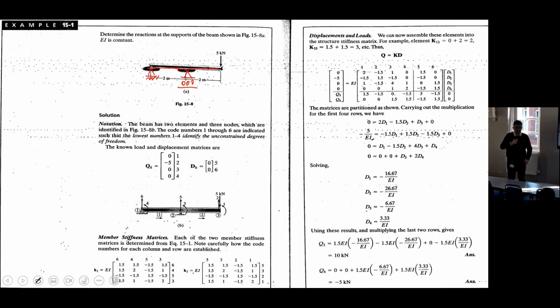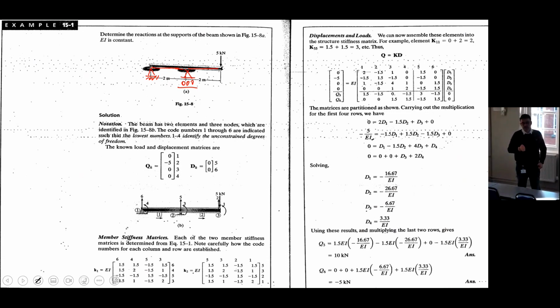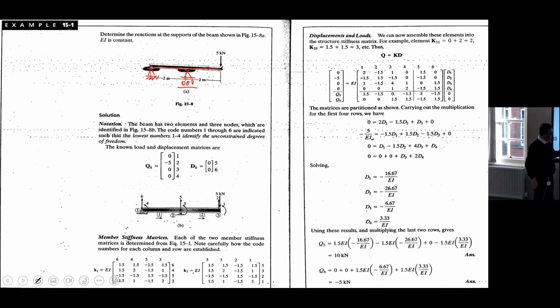Like what we have done in the truss structures, first of all, we need to number the nodes and the elements, just to understand what we're talking about, because degrees of freedom are the most important thing to be understandable at the beginning of the graph. So we need to number them like this.